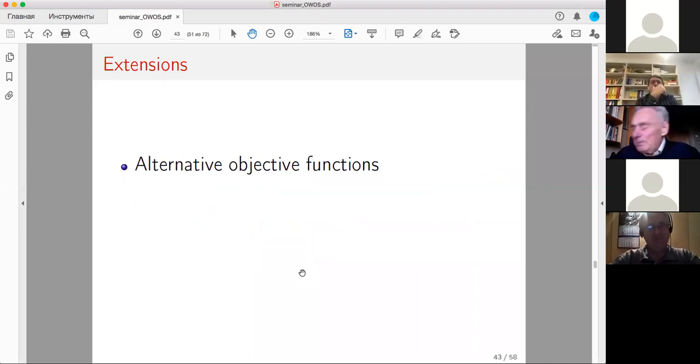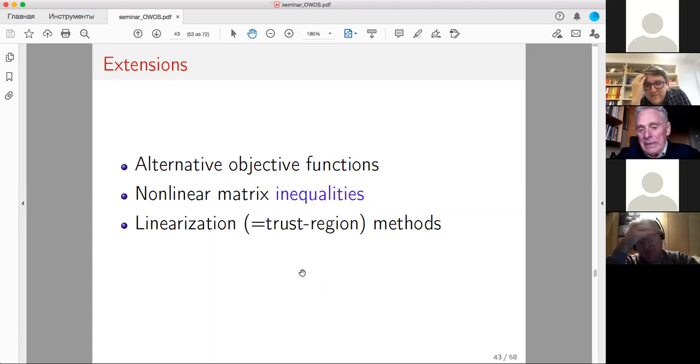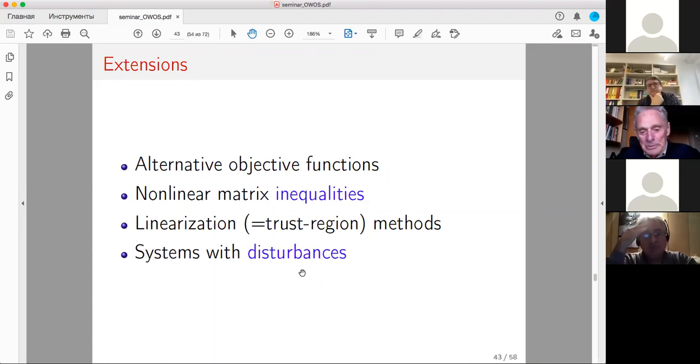And now, very briefly about some further extensions. For instance, when we deal not with quadratic but with other objective functions, when we work not with matrix equalities but with inequalities, how to apply some linearization methods for these problems, and also the problems with disturbances.